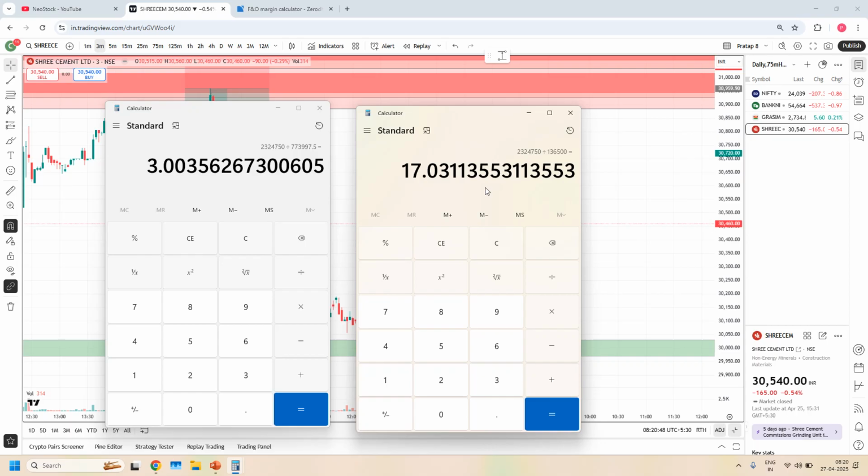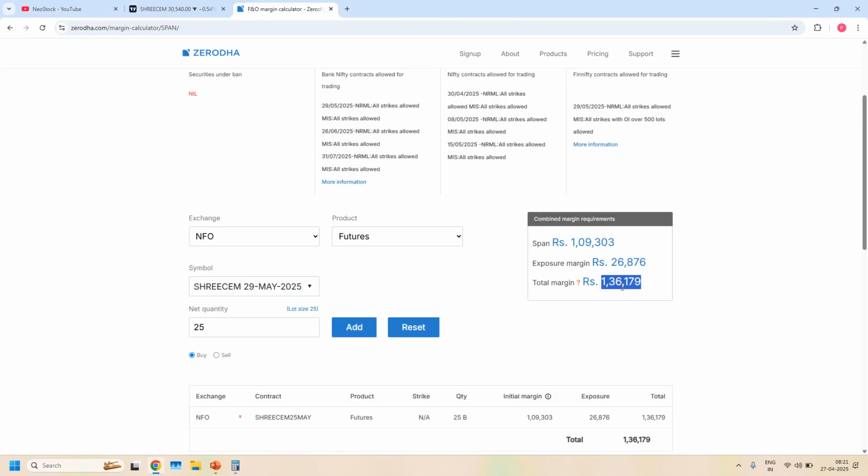If you keep 7 lakh rupees in your account, it doesn't make any difference. Your stockbroker will take only 1 lakh 36,500 rupees. Even if you keep 7 lakh rupees in your account, he won't take that money.